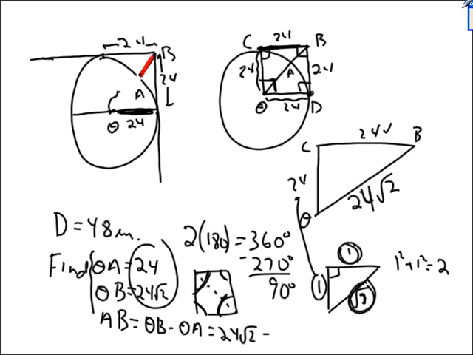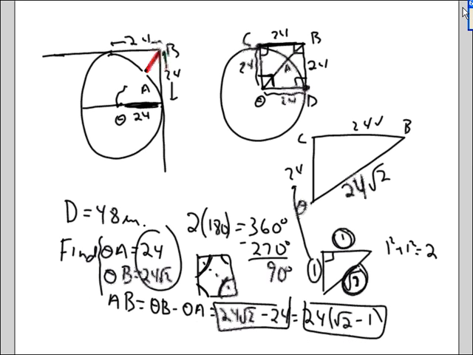These numbers are here. Minus 24. You factor out the 24, and you get what AB is. It's 24 times the square root of 2 minus 1. Very nice problem. Algebra students or geometry students should definitely know how to do that problem. And that finishes the section and even the chapter on circles.